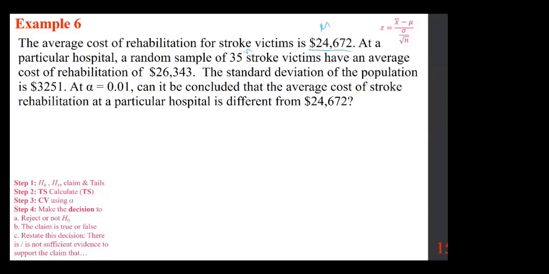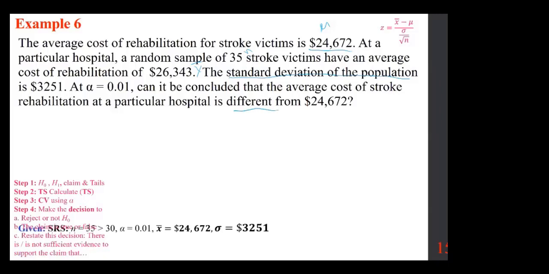$26,343, that's x bar. The population standard deviation, and that's important, sigma, is known to be 3,251. Alpha is 0.01. So can it be concluded that the average cost of stroke rehabilitation at a particular hospital is different? It doesn't say less than or greater than, so it's not equal.